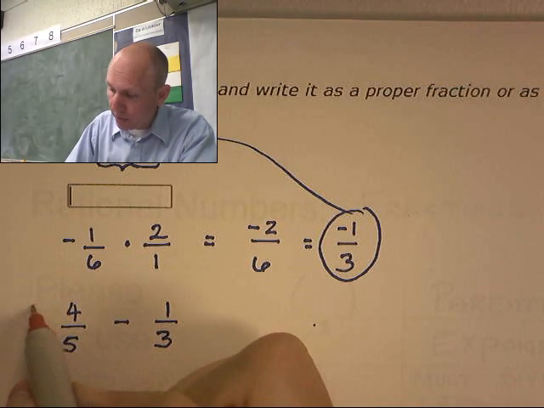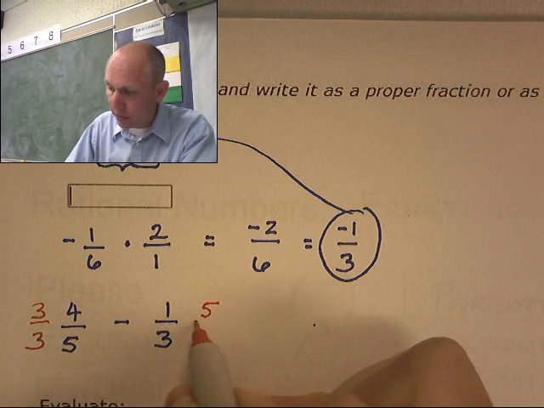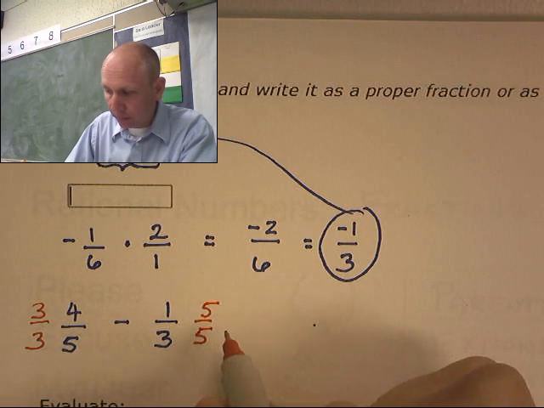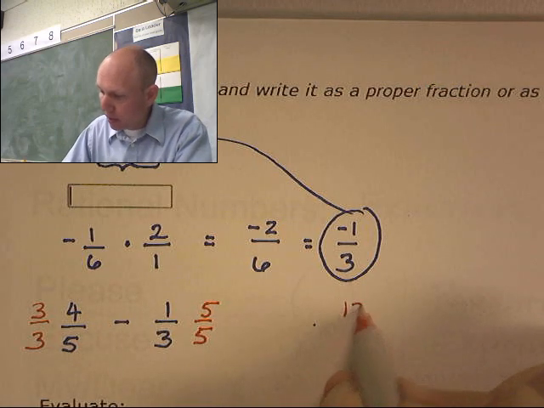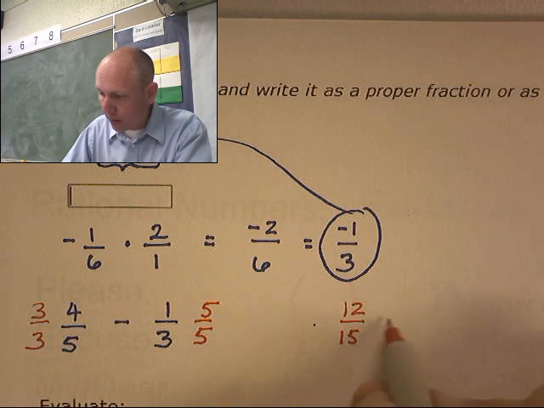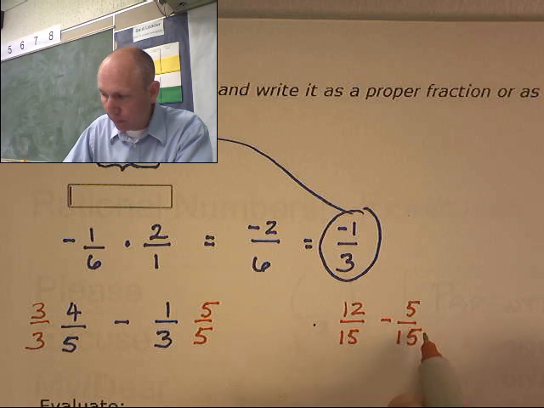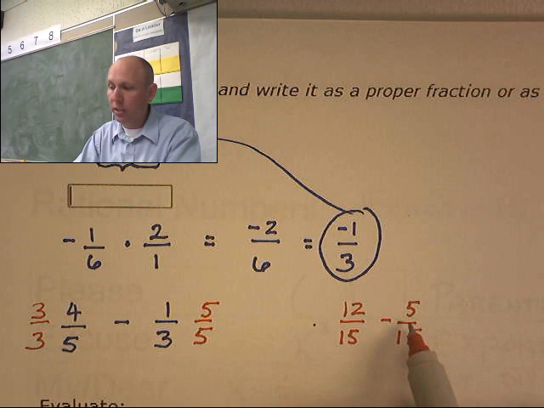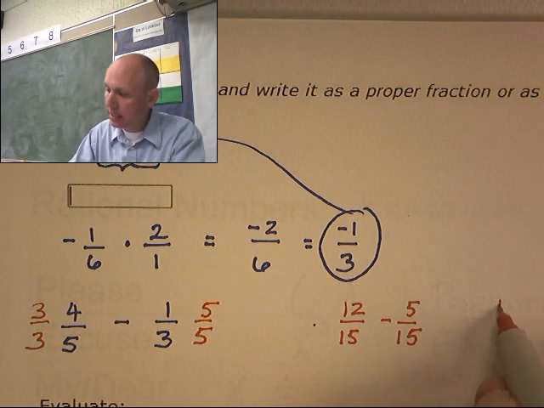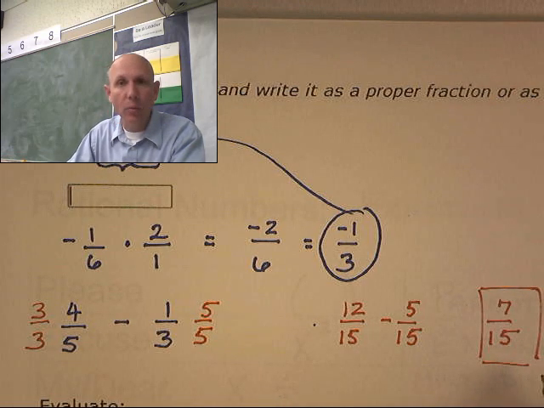Let's turn this into a 15 using a 3 over 3. We'll turn this one into a 15 using a 5 over 5. Building a common denominator of 15. That's going to give me 12/15 minus 5/15. Now that I have the common denominator, I can do the subtraction. 12 minus 5 is 7 over the common denominator of 15. And that will not reduce.